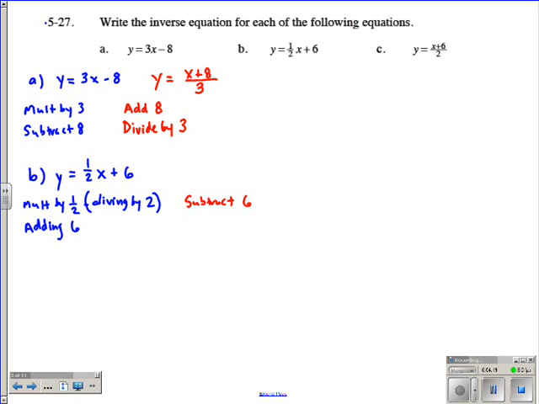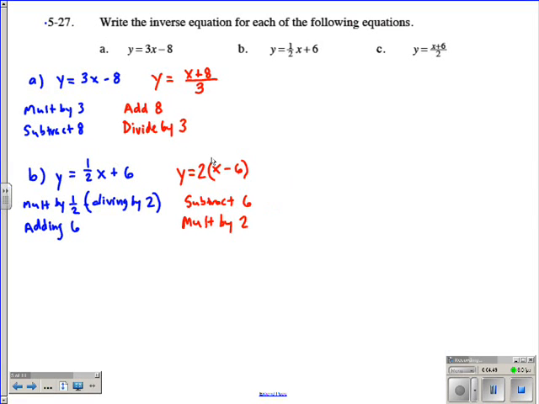I'm going to go ahead and just write the multiplying by 2 there. So our inverse ends up being, well, take our x, and we're going to subtract 6 from it first. And then we're going to multiply that by 2.